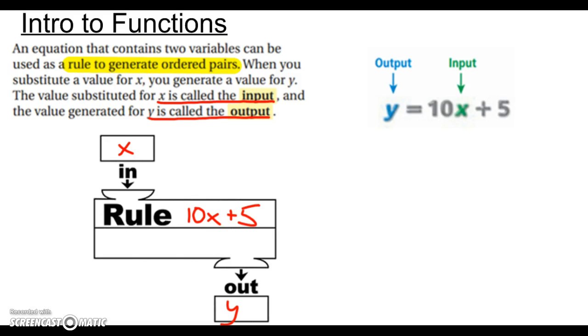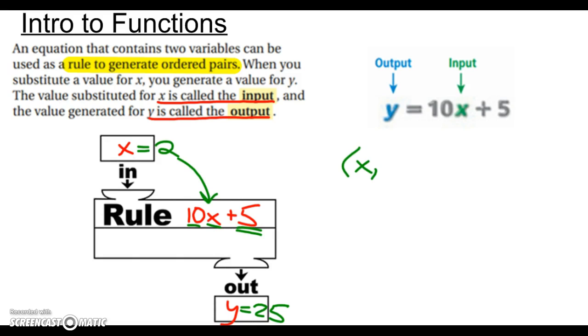Let's say our input is x equals 2. So when x equals 2, I'm going to be putting in 2 for x. I would do 10 times 2, I would get 20, and then 20 plus 5 gives me 25.